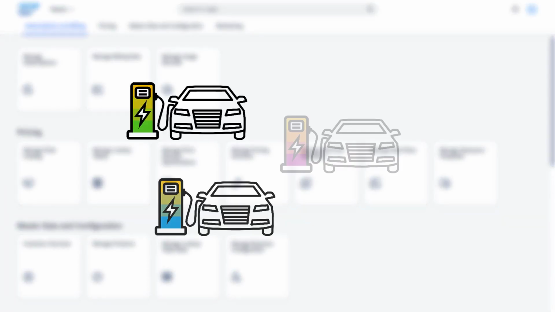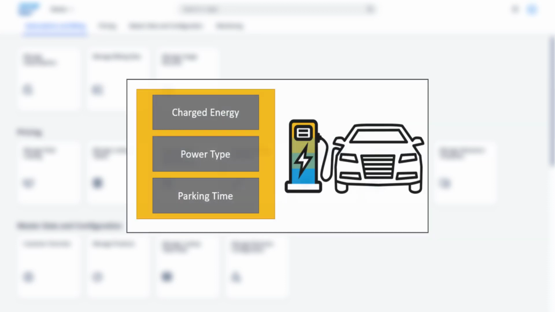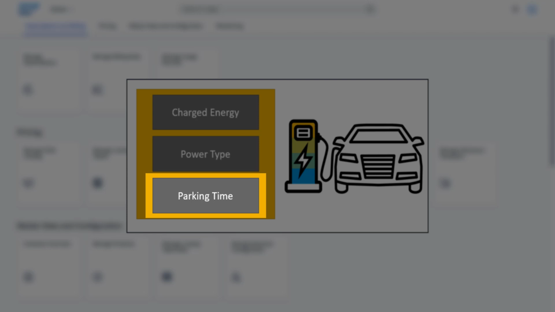Before we start, imagine that you're an energy provider who wants to offer a subscription model for charging electric vehicles at public charging stations. When using a charging station, customers are immediately billed for the energy they consumed, the type of power connector they used, and the time the vehicle is parked at the charging point.